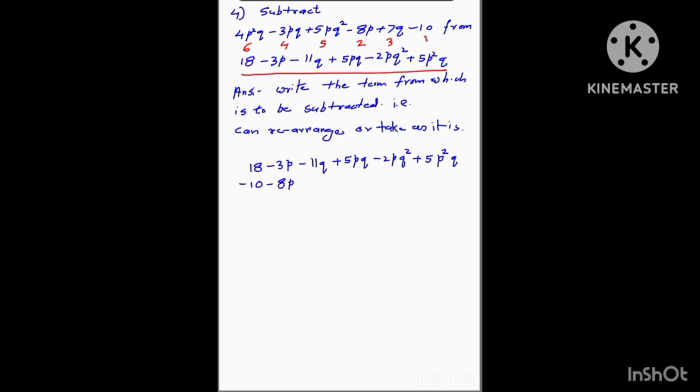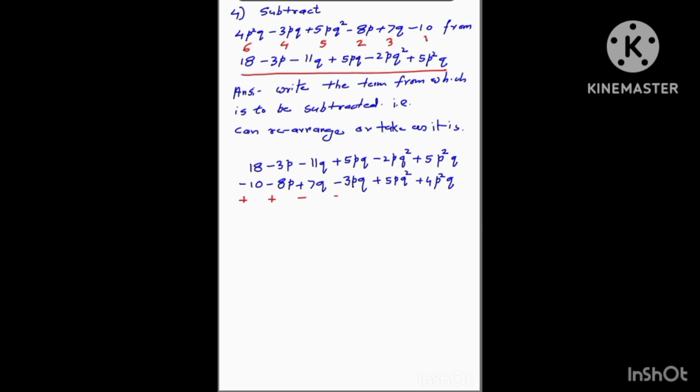Second is minus 8p, don't make a mistake in sign, plus 7q, minus 3pq, plus 5pq square and 4p square q.